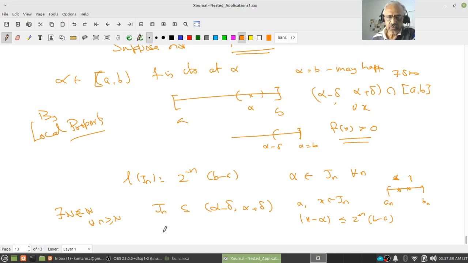So if I choose an N so that 2 to the power minus N into b minus a is less than delta, because 2 to the power minus n into b minus a goes to 0, therefore there is an N so that this happens.